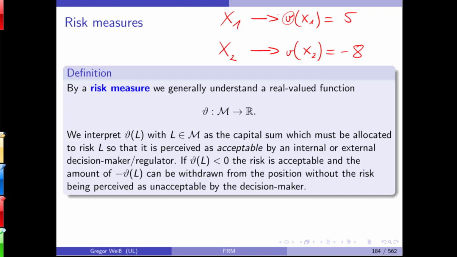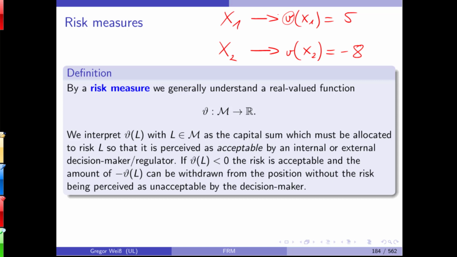Das ist das Risikomaß, eine reellwertige Funktion auf der Menge der zugelassenen Risiken, also auf der Menge der Zufallsvariablen, die so einen konvexen Kegel, genauer gesagt, nicht Kon, einen konvexen Kegel bilden.